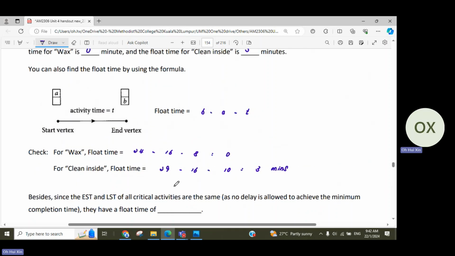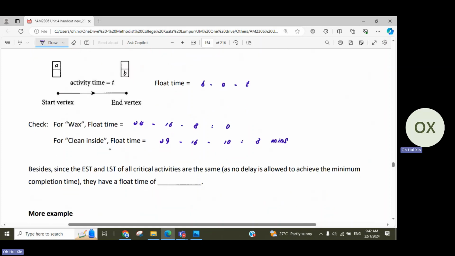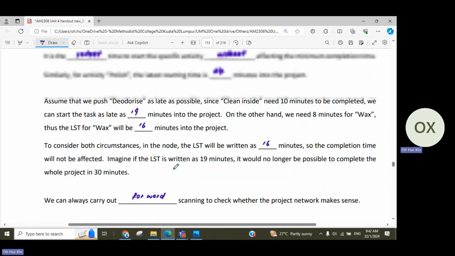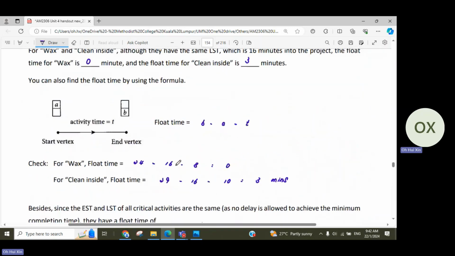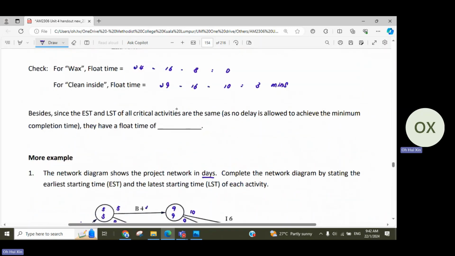Another thing to remember is that the EST and LST for all critical activities will be 0. When you observe, for example, from wash to dry to wax to polish, because all the numbers are the same, you can imagine that when you take the number minus, you will always get 0. It also reconfirms what we learned just now, that critical activities are the activities that you can't afford any delay.